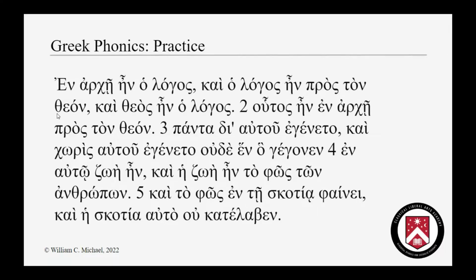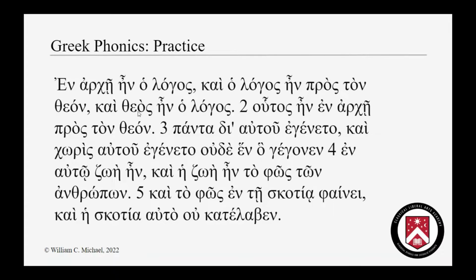We then have the word theon with an acute accent. Notice we have two vowels together, but they are not a Greek diphthong, so we divide this word into two syllables. Theon, with the acute accent. We then have kai again.